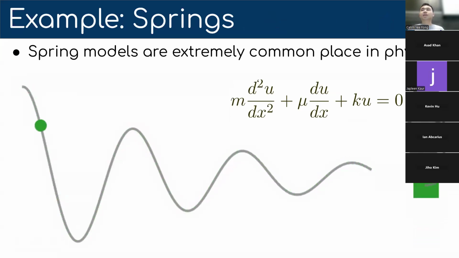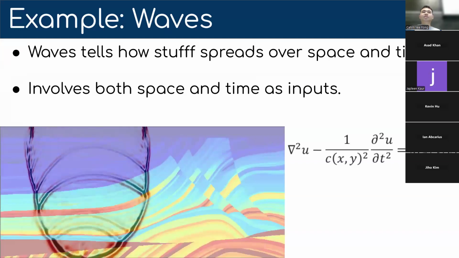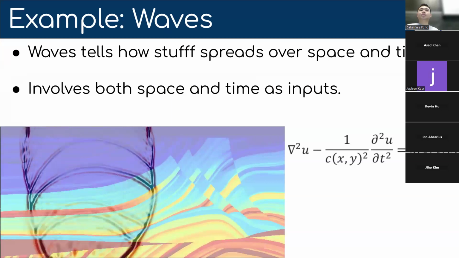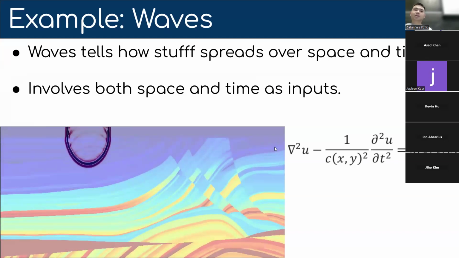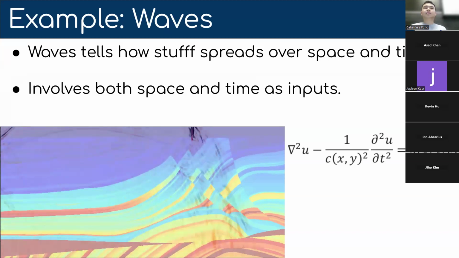And for another, more complicated example, we have waves. Waves tell us how stuff spreads out over space and time. And different from the previous example, this involves two kinds of inputs, space and time. Here we can see an animation of waves taking place.